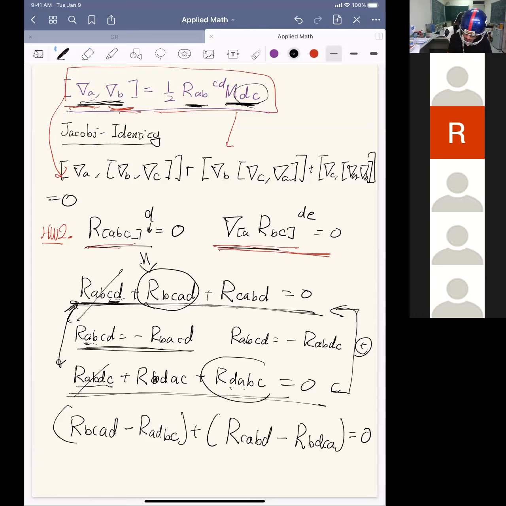The reason I'm writing this in this fashion is because, to rigorously prove this you have to consider more relations, but you can already see that there's a solution, which is that R_{BCAD} is equal to R_{ADBC}. In other words, the exchange of BC with AD is the same. So the Riemann tensor is the same under the exchange between AC and BD.